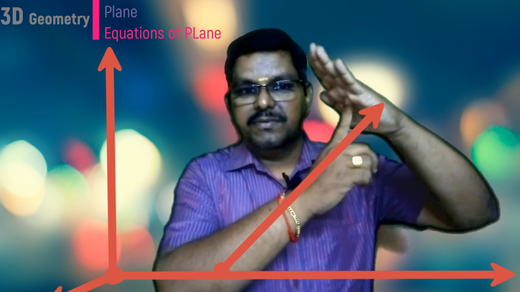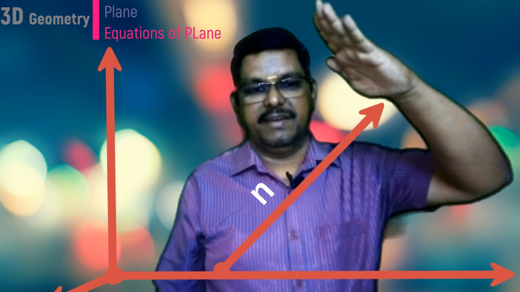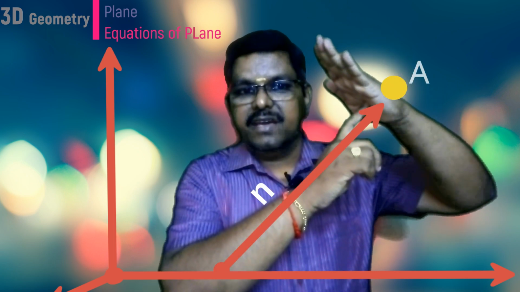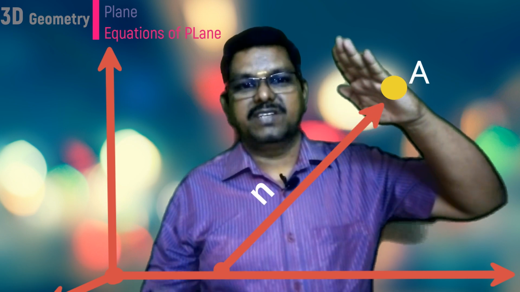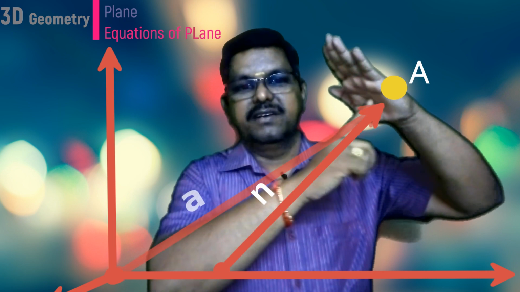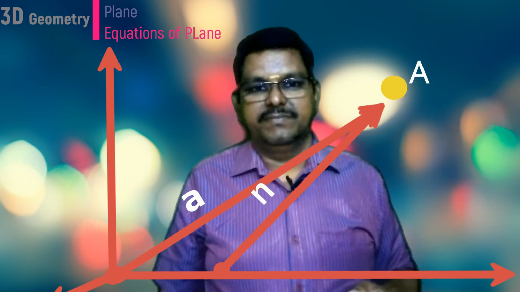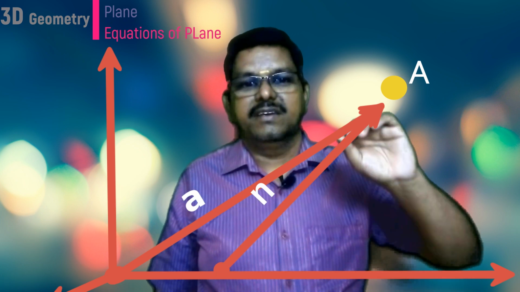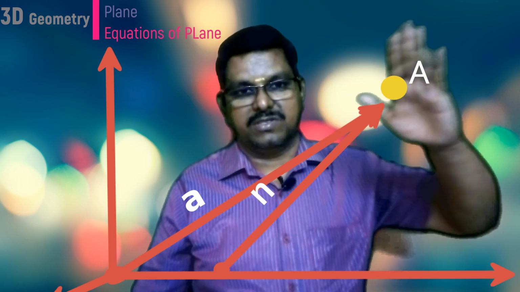and we have one condition that this plane is passing through a point A. So that point A definitely has a position vector. When we join from the origin to that point, we will get the position vector, that is a bar. Small a bar is the position of the given point through which the plane is passing.